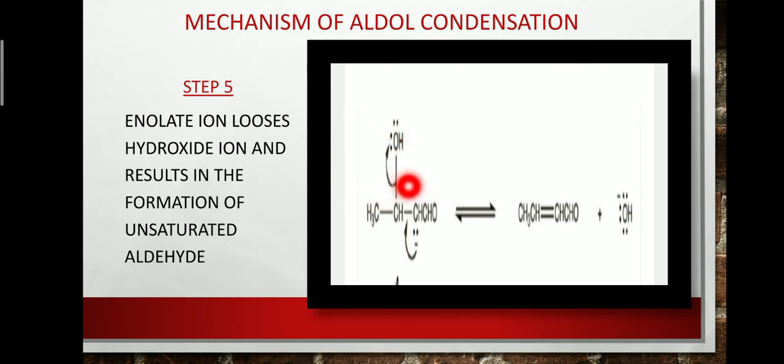Why is it losing it? This electron pair will be shifted here and this OH leaves as OH minus, taking the bond pair of electrons and results in the double bond here, which results in an unsaturated aldehyde.